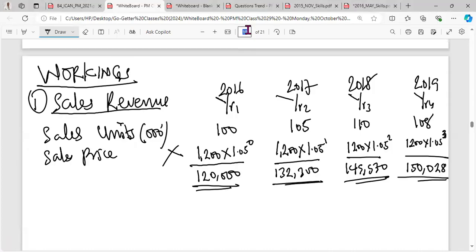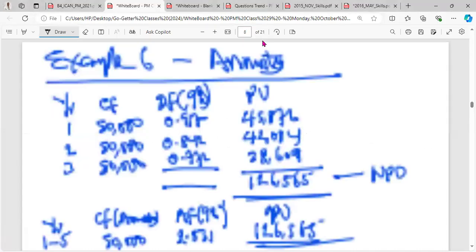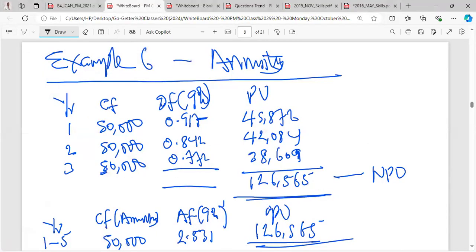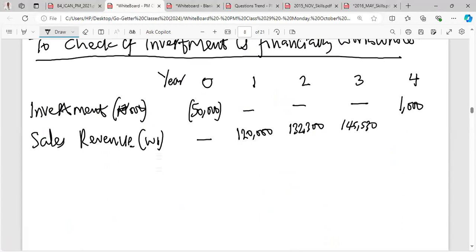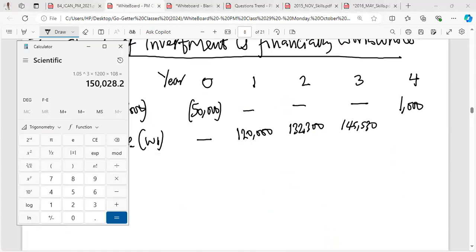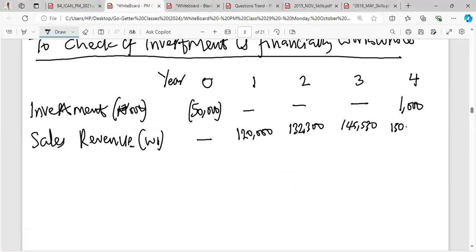You don't want to use points here. 150,028. Do it in such a way I remember that it is 150. All right, so we now have the sales revenue.